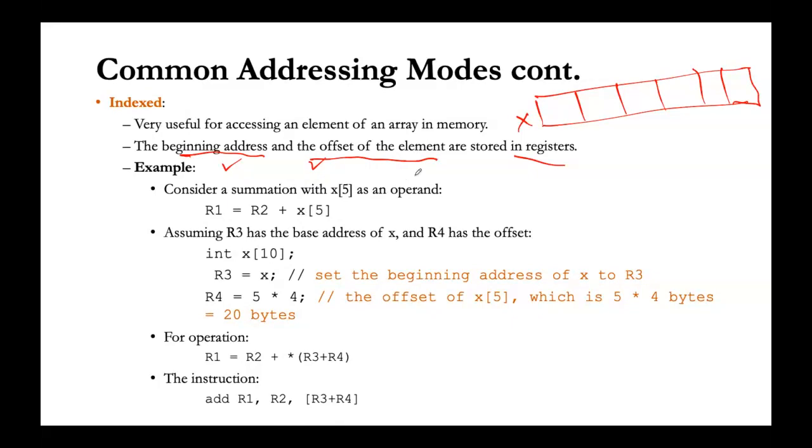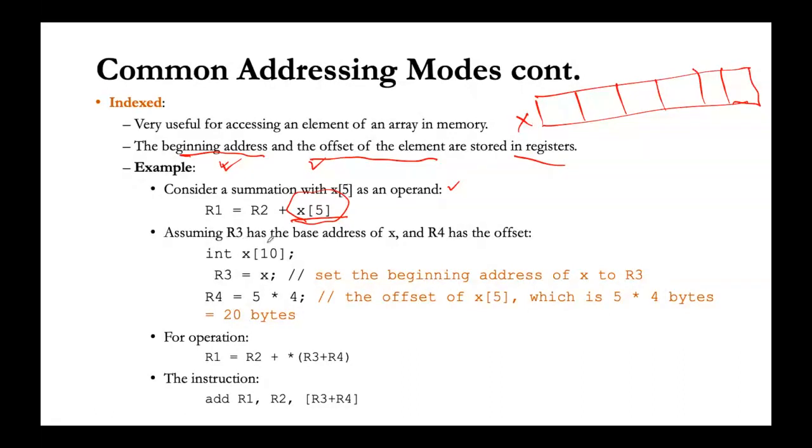For example, consider the summation with x of 5 elements as an operand. Suppose the fifth element is the operand, then the operation can be written as R1 is equal to R2 plus the second operand, which is the fifth element of the array. Assume that this is an array. First you need to store the beginning address in one register.